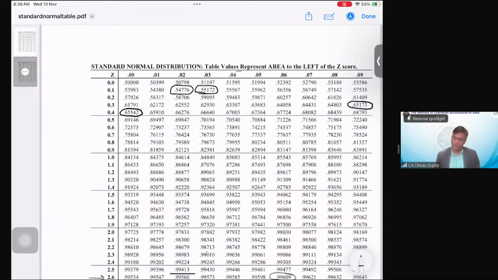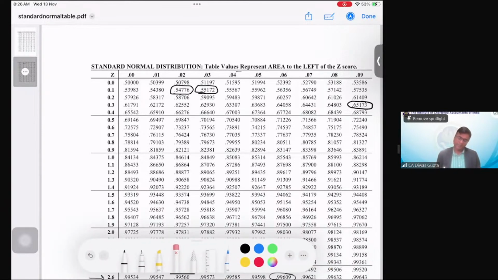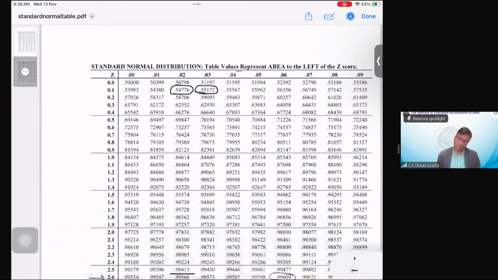So between these two values, the number will lie, right? And for N(D2), which is 0.015, the number will lie in between 0.01 and 0.02. Yeah, clear?